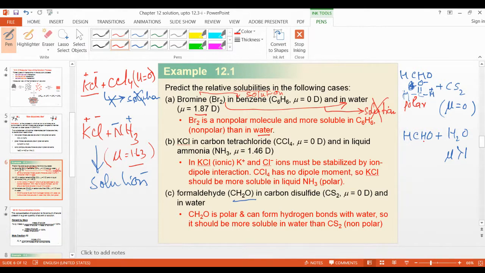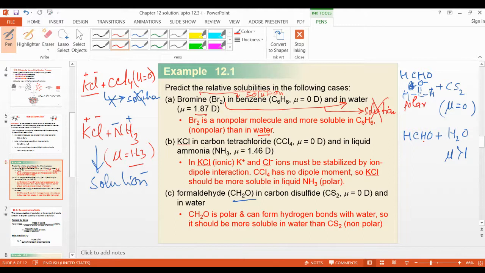Other student, please. Which two molecules will make a solution and why? Come on, Yasmin, I already told you the concept, and even then you are not deciding. Formaldehyde will form a solution with water, or the CS2 not? Formaldehyde with water. What is the concept? What is the reason? Why?